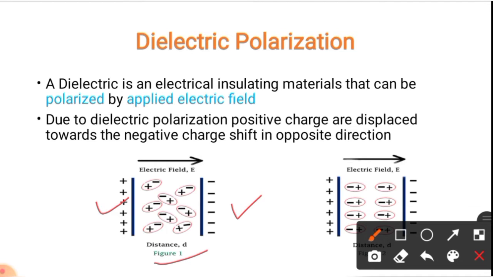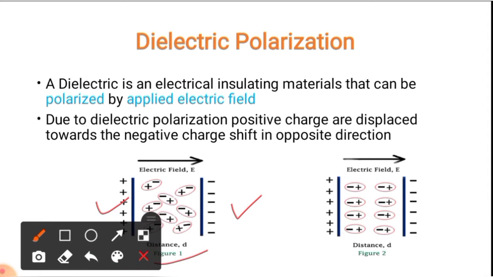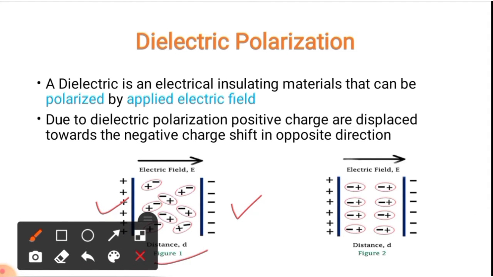When we apply an electrical field over the dielectric material, the orientation of the charge will change. Consider diagram number 2. When we apply the electrical field, the position or orientation of charge will change, and the negative charge is attracted towards the positive plate and the positive charge is attracted towards the negative plate. So the orientation of charge changes and it will show an electrical effect.